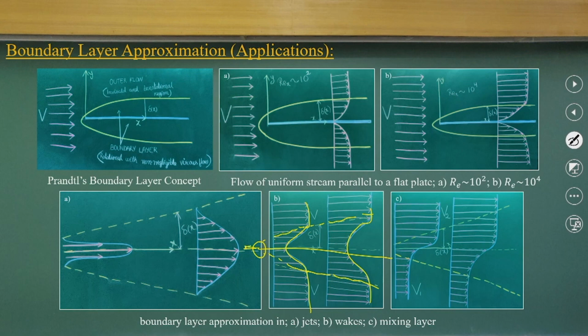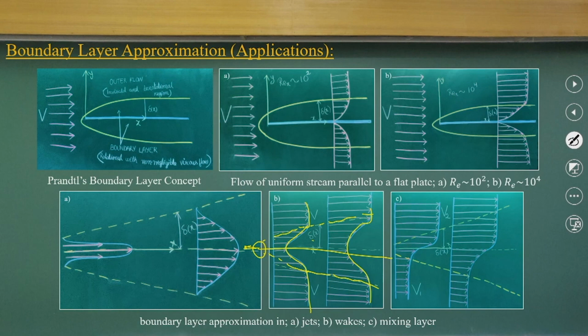If a boat is moving, downstream of the boat there will be wake formation, and you can say that wake formation is equivalent to, or similar to, boundary layer formation.